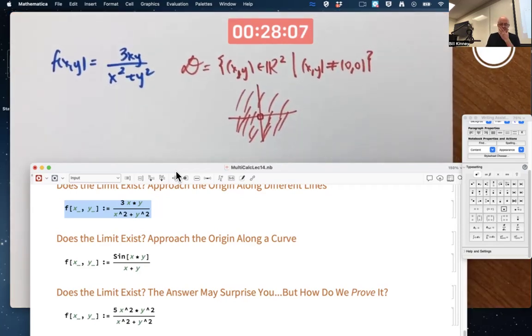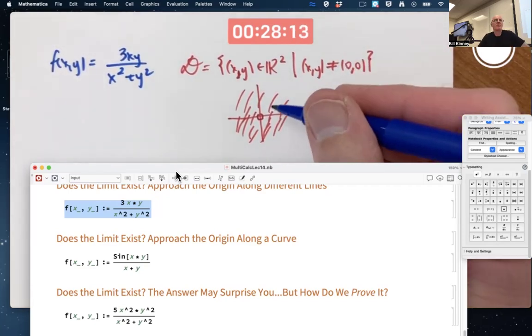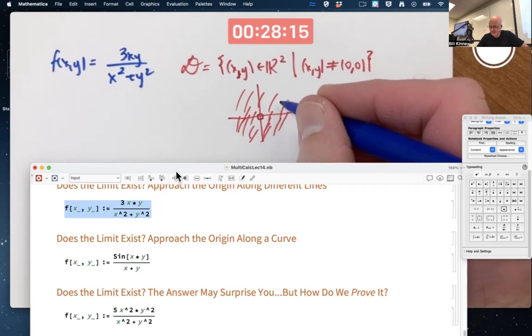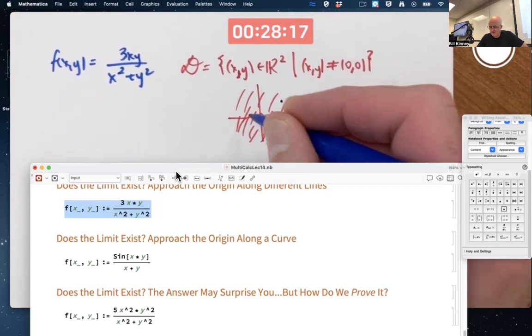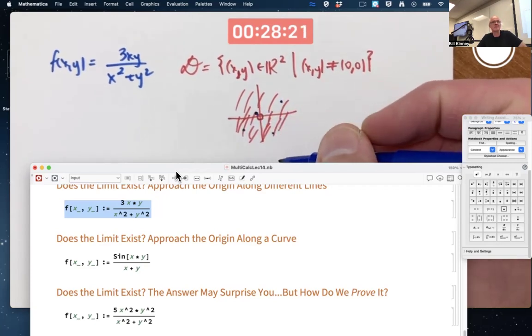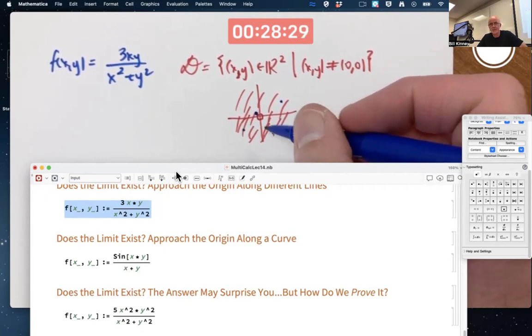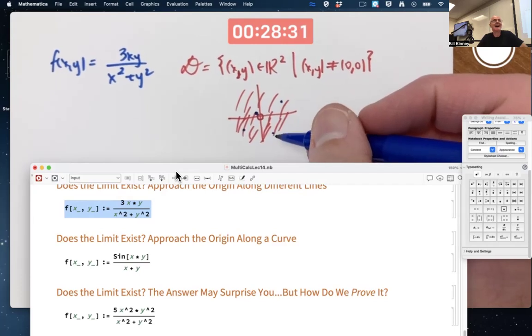That domain has an important but subtle property. No matter which point you are at, whether you're here or here or here, or maybe even really close to the origin, but not equal to the origin, there is some disk, in fact, infinitely many disks, centered at the point that I picked, that is entirely inside the set.